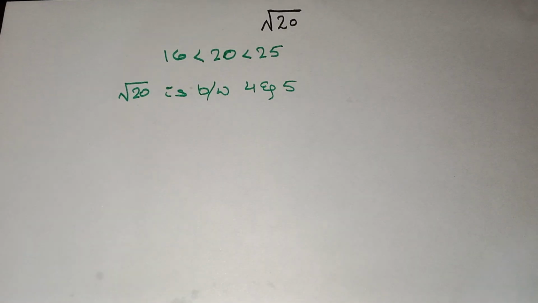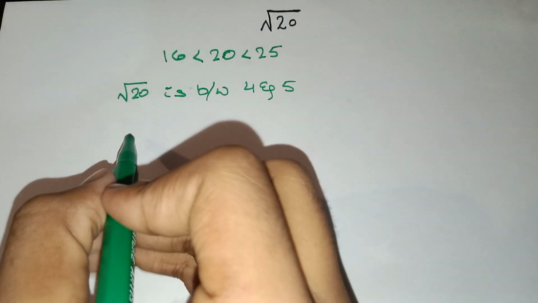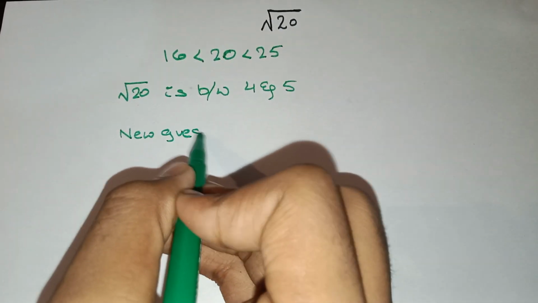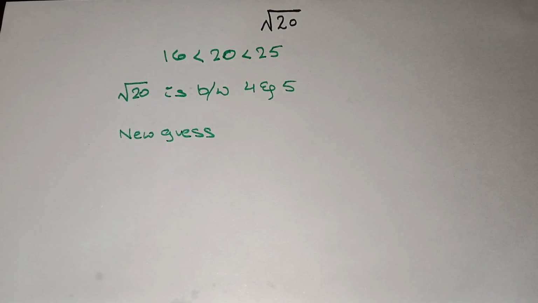It is an underestimate, and this formula is that new guess, the number that we have guessed will come over here.